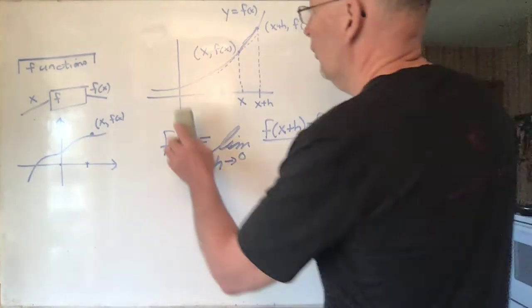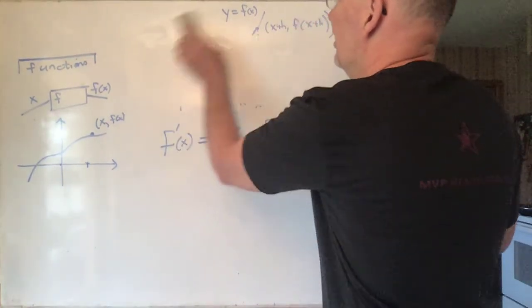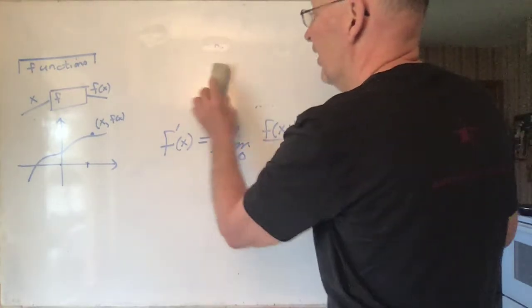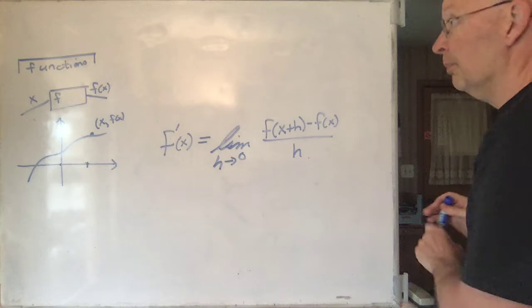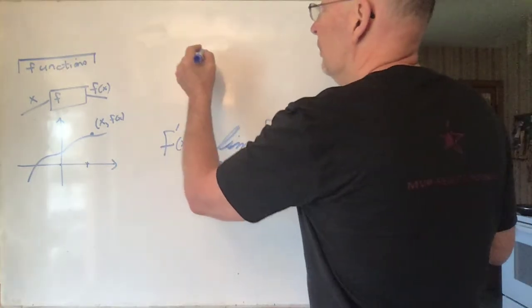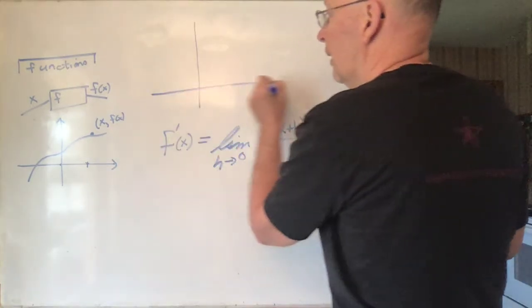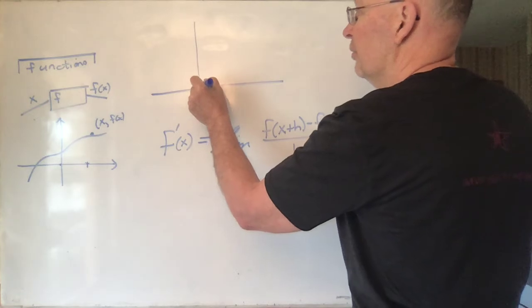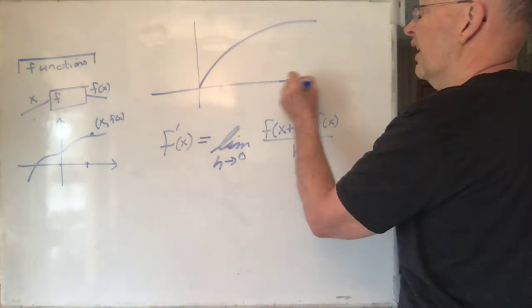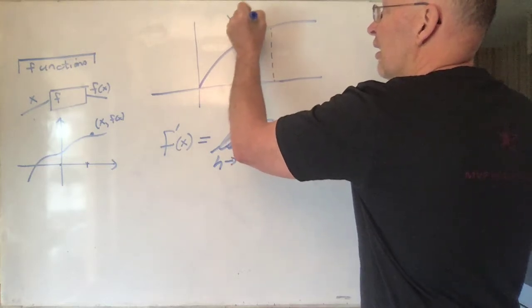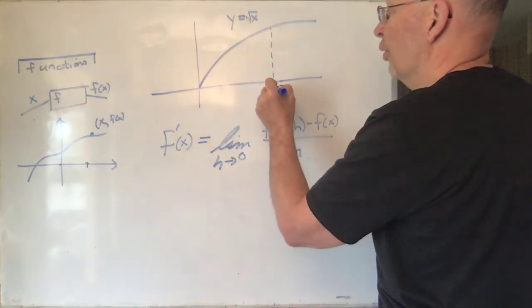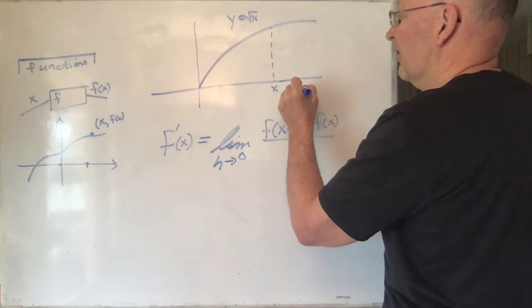So once we had that, we applied it to different functions. For example, let's apply it to square root of x. So here's square root of x right here, and here's x plus h.